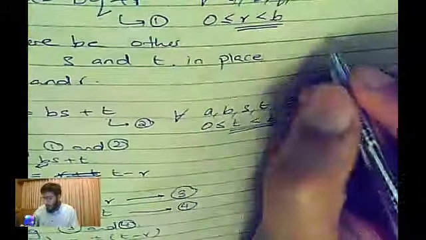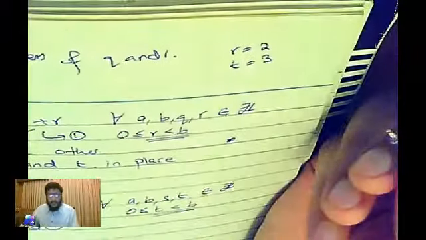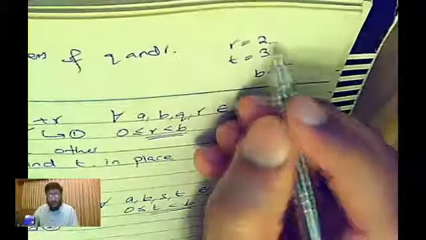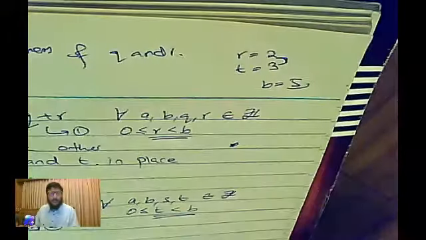Now, as we know, T is smaller than B and R is also smaller than B. Let's suppose, just to show you an example, R equals 2, T equals 3, and B is something bigger than both numbers, say 5. So the difference between these two numbers should always be smaller than 5.